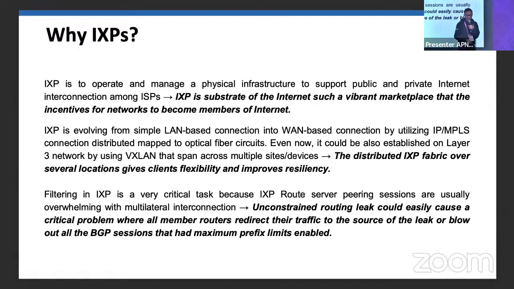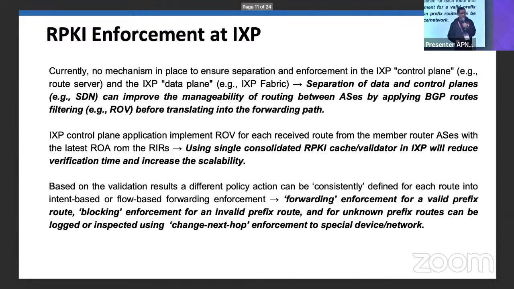Okay. And then the idea of enforcing validation in the IXP: basically we need to understand that the IXP needs to have two different planes, right? I think it was already explained by a previous speaker that we need a control plane in the IXP itself, as well as a data plane, or what we call the IXP fabric.